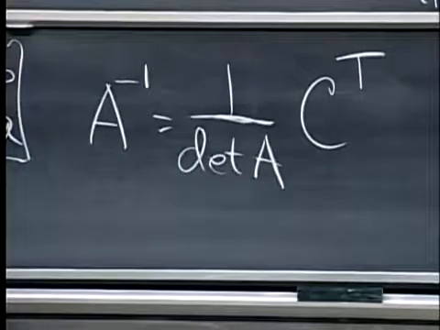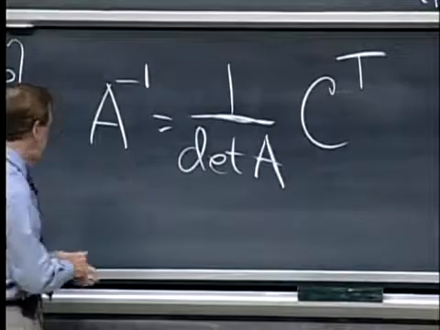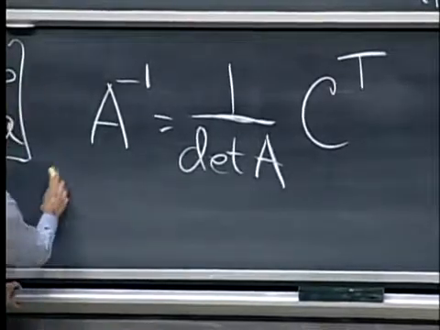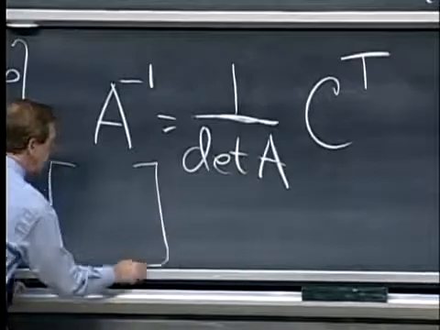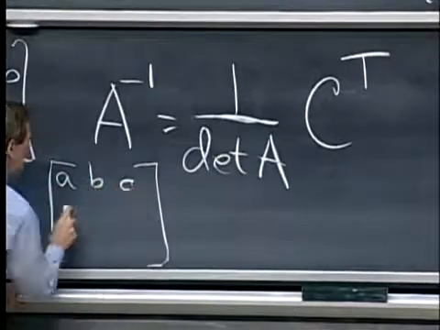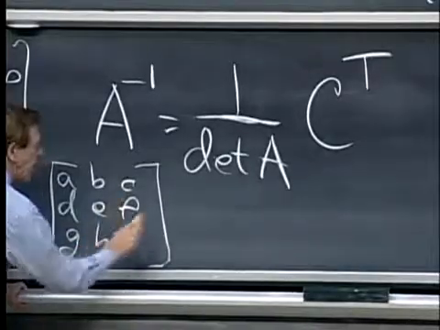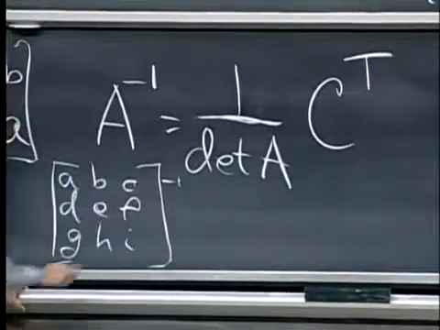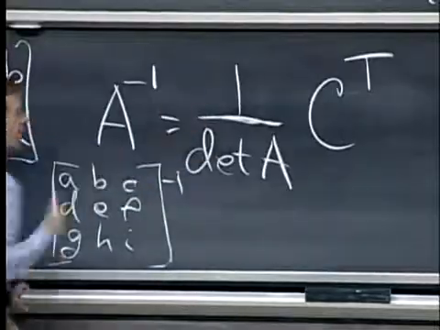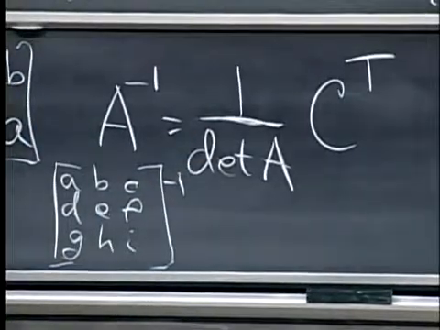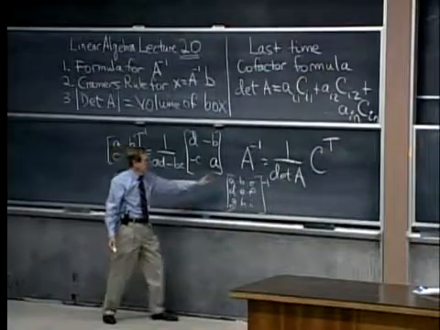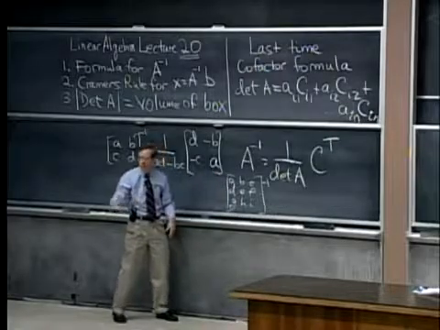That tells us the expression for A inverse. Let's look at a 3 by 3. And I just write down A, B, C, D, E, F, G, H, I. And I'm looking for its inverse. And what kind of a formula do I see there? I mean, the determinant is a bunch of products of 3 factors, right?